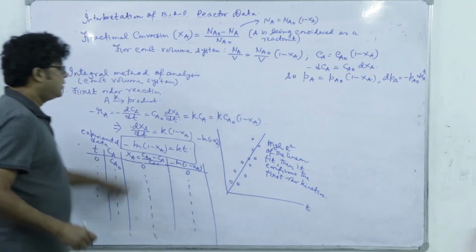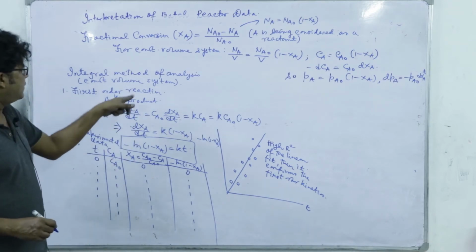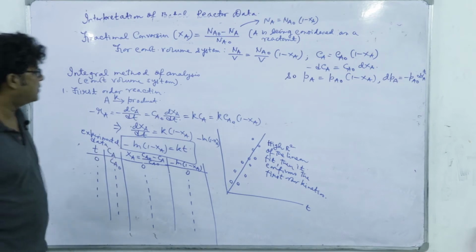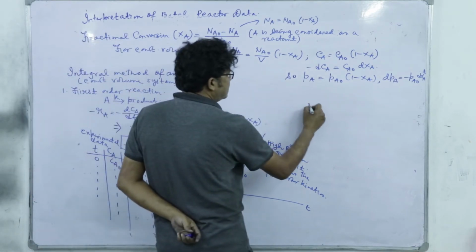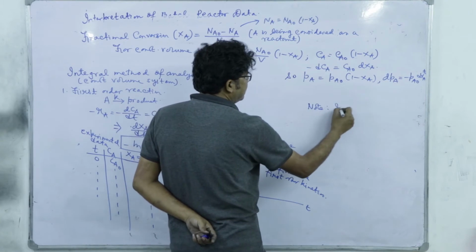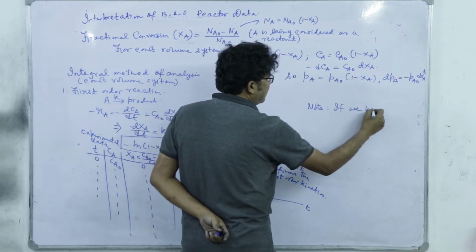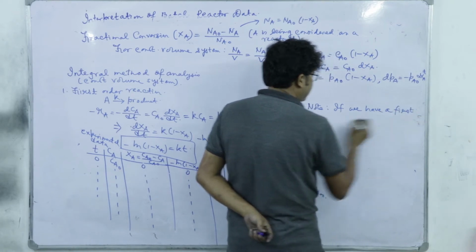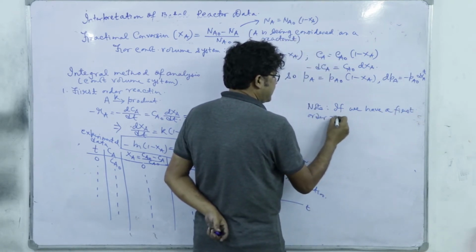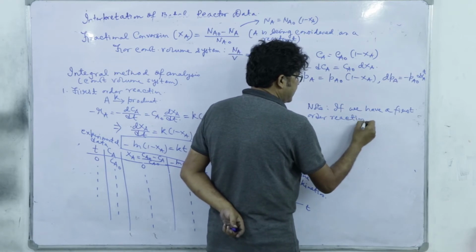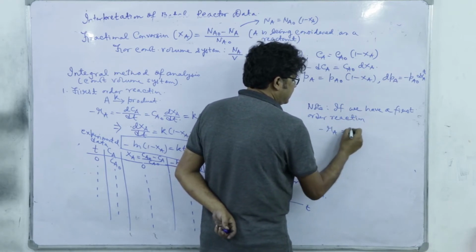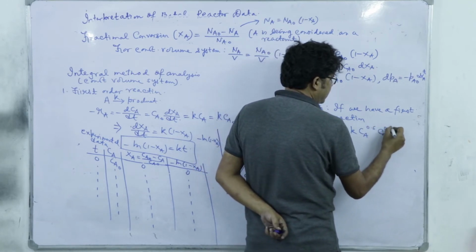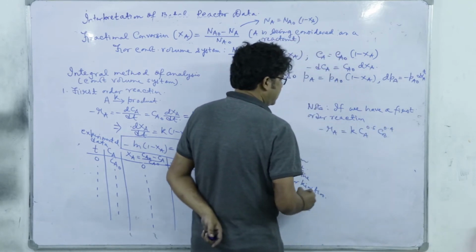Right. So for this sort of reaction, we have the specific equation. Note, if we have a first order reaction, minus Ra, say it's equal to K into Ca to the power 0.6 into Cb to the power 0.4, right.